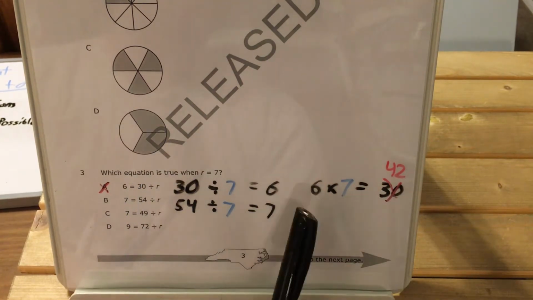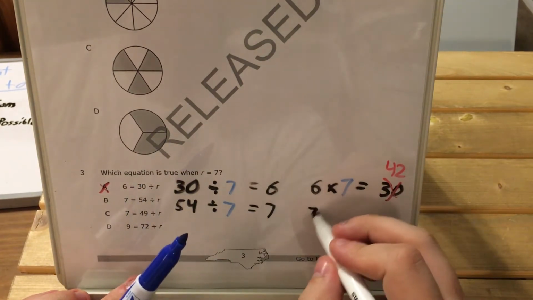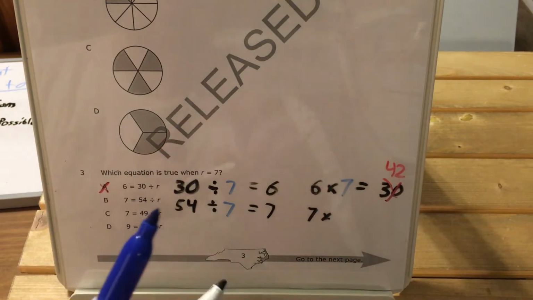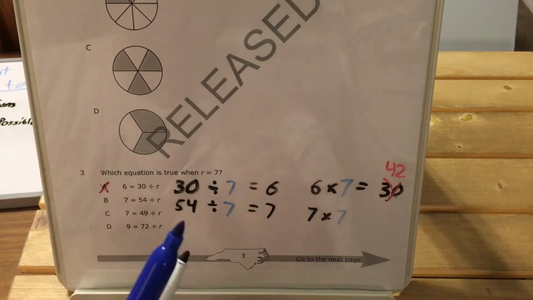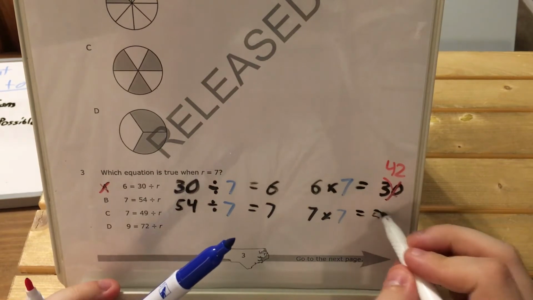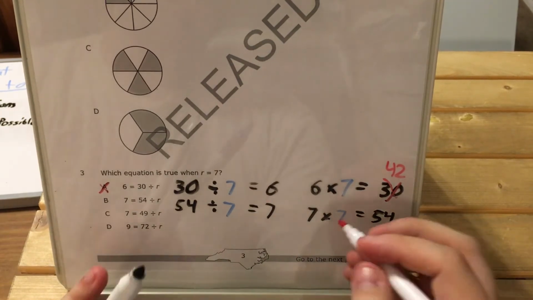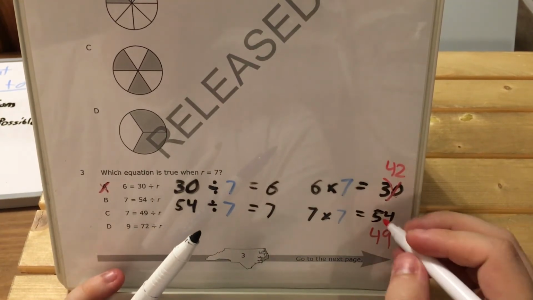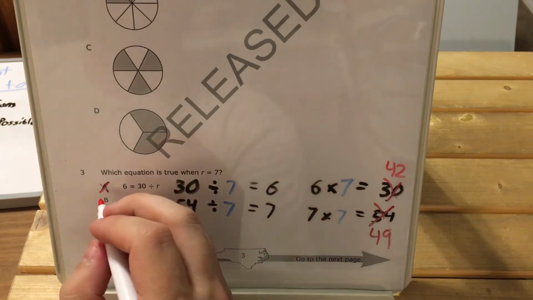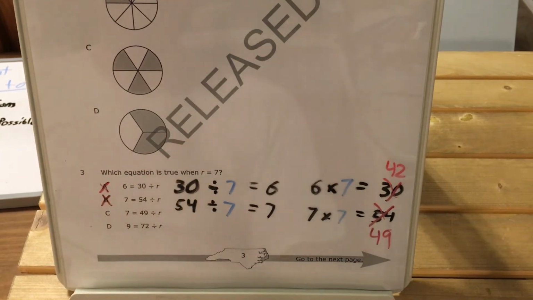Using my knowledge of fact families, I can flip that around and test if 7 times 7 equals 54. Now again, to go back to our times tables, 7 times 7 actually equals 49. Not what we were looking for if choice B were our right answer.